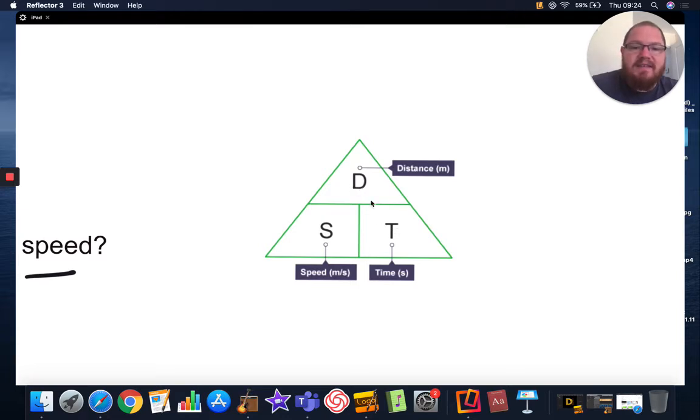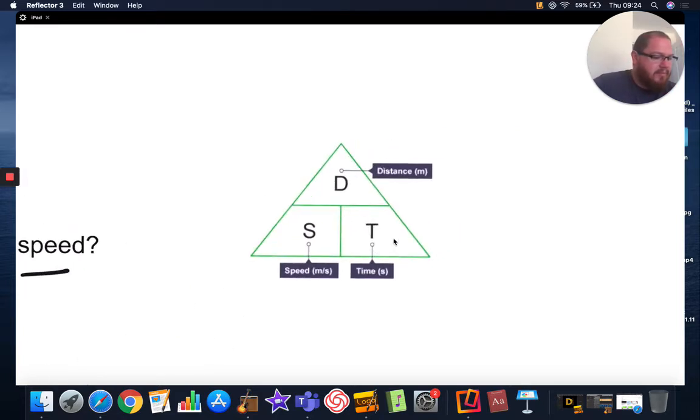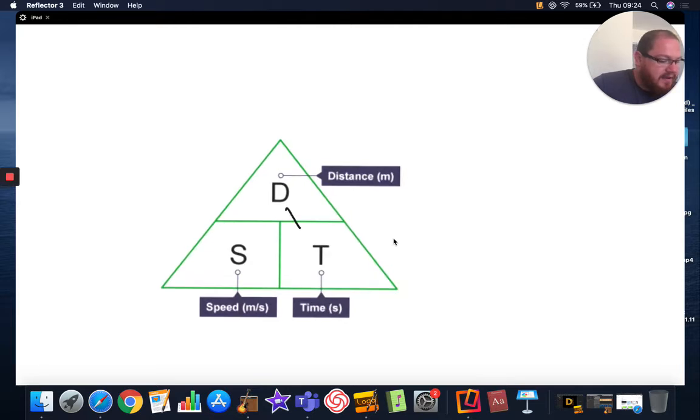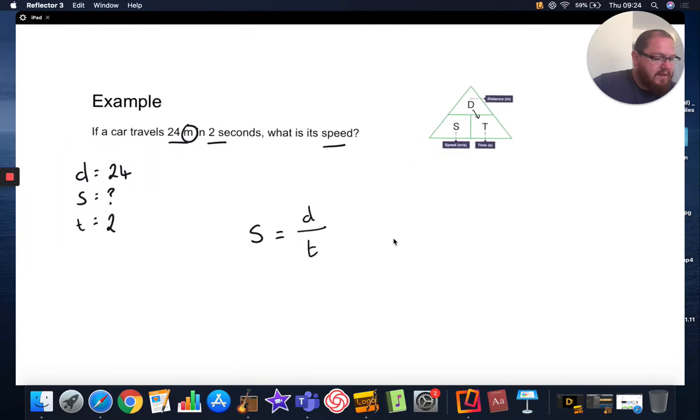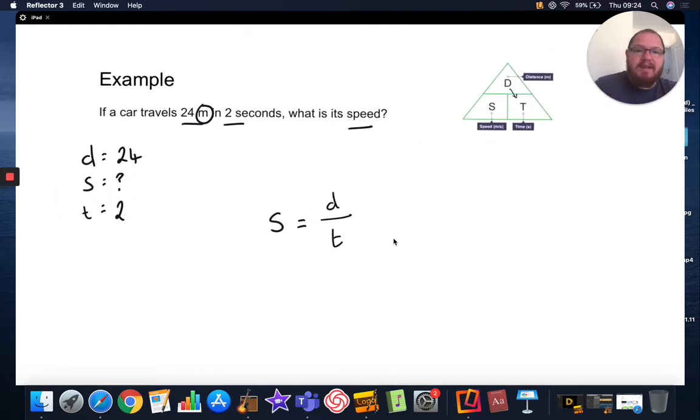It's not next to it, it's on top of it. So it's going to be distance, and I'm going to do lowercase here because this is what we're used to. I know it's capital D there. Over lowercase t, simply because D is on top of T there. So I've got my formula now. So S equals D over T.